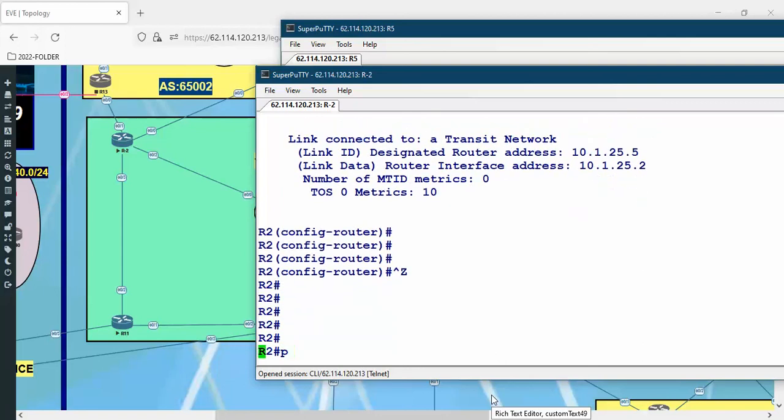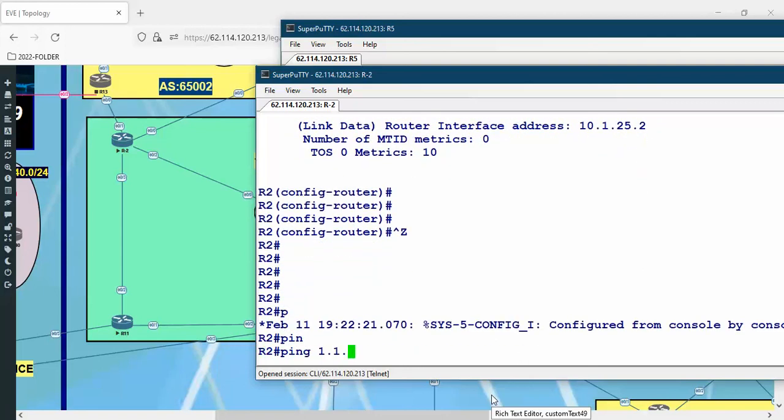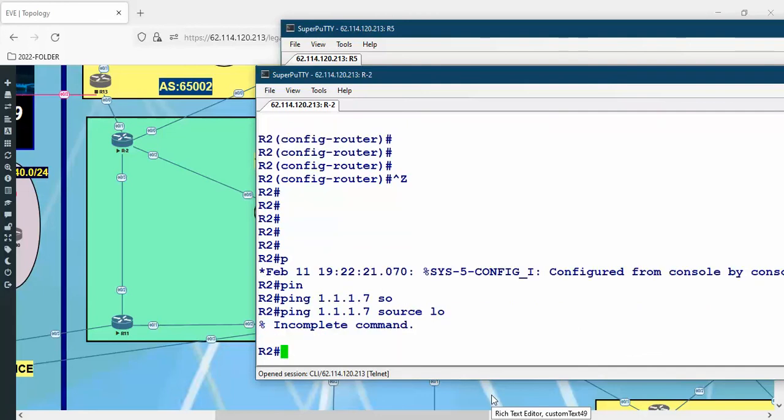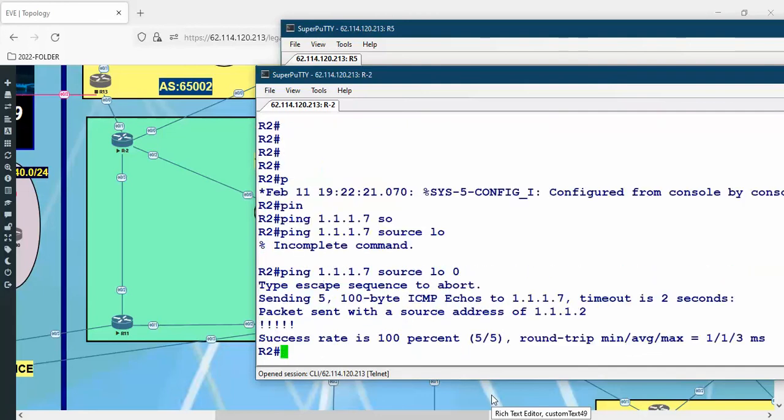Ping 1.1.1.7 from the source of loopback 0. Source loopback 0. We have a reply. But what if we say ping 1.1.1.7 and enter?